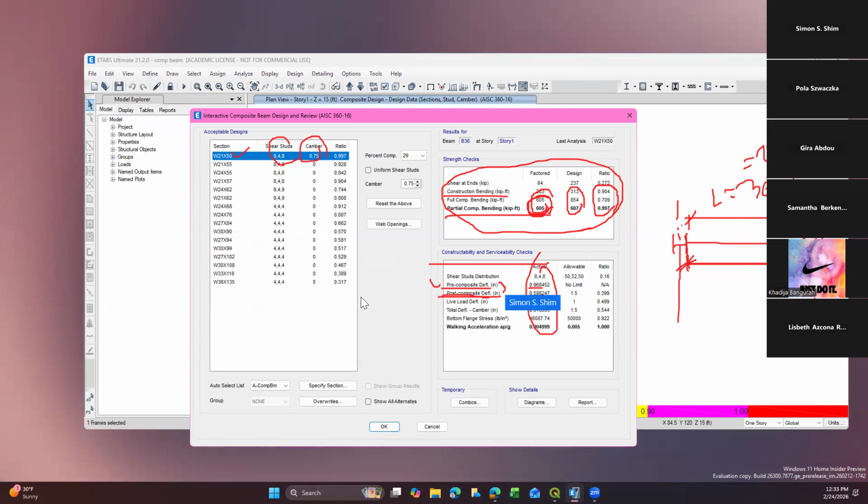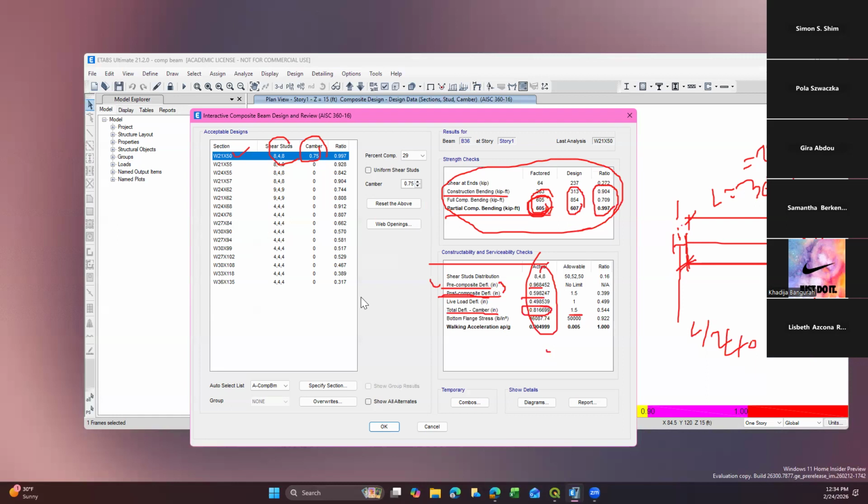When you add them up and apply the camber subtraction, the maximum deflection 0.81 is less than your deflection criteria, L over 240. In this case, let's say they're using 30.